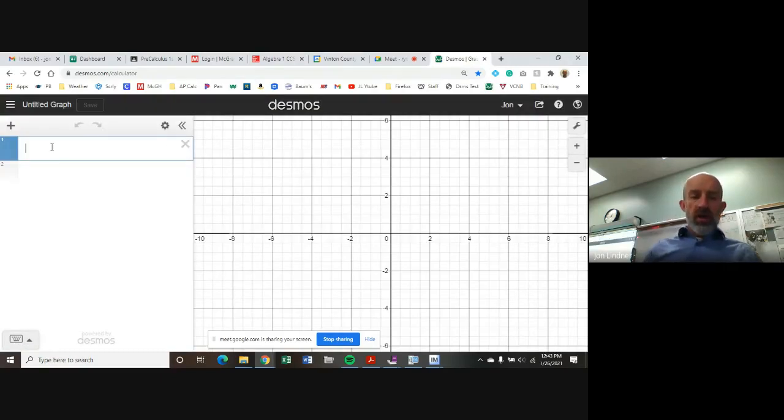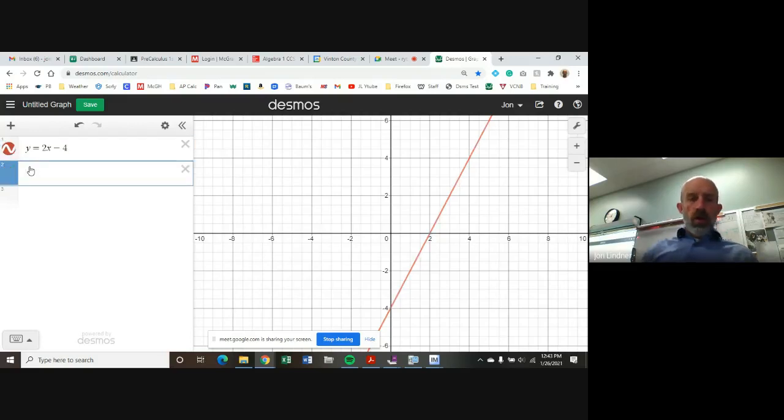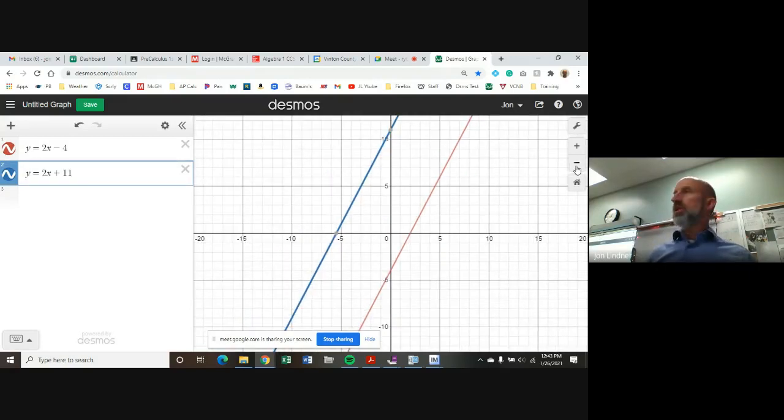So my original line was y equals 2x minus 4. And the one that we found was y equals 2x plus 11. I zoom out a little bit. We see that they are parallel, and we did a good job.